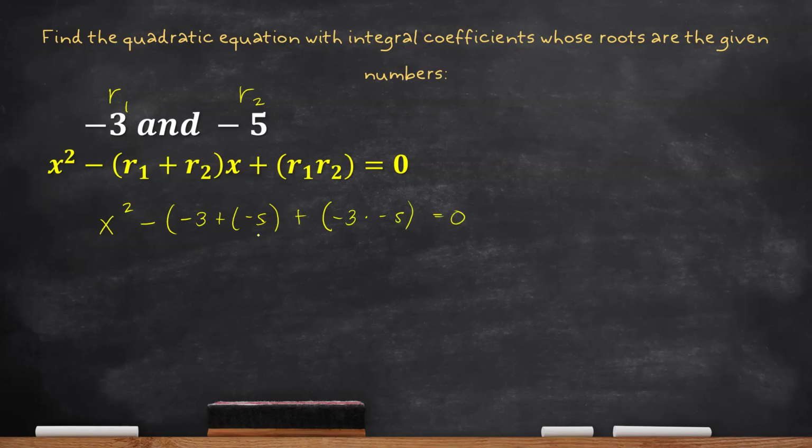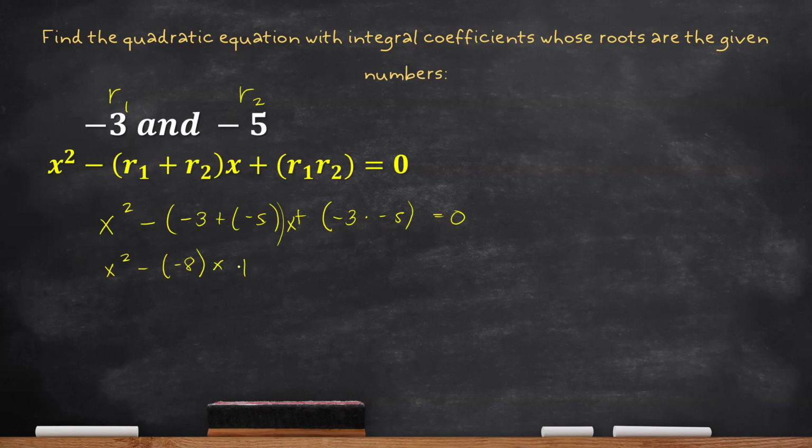So negative 3 plus negative 5, we're going to add same signs, right? So add and then copy the sign. Wait, don't forget the x here, okay? So negative 3 plus negative 5, that is negative 8. So we're going to have x squared minus negative 8 times x. And then negative 3 times negative 5, negative times negative, that is positive, right?